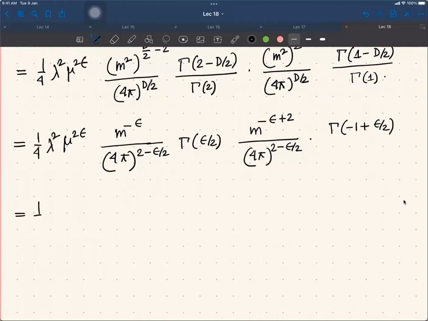So that is 1 over 4 lambda square m square mu to the power 2 epsilon m to the power minus 2 epsilon over 4 pi to the power.